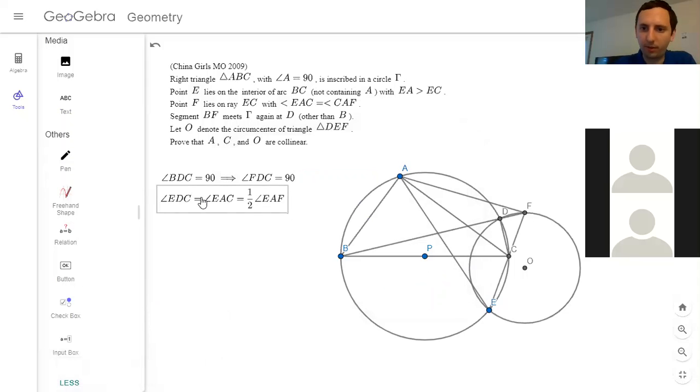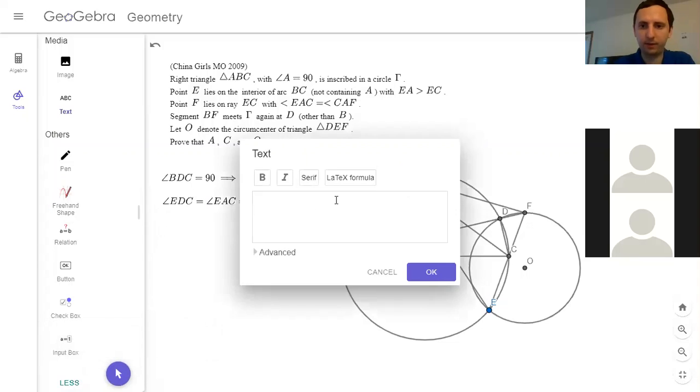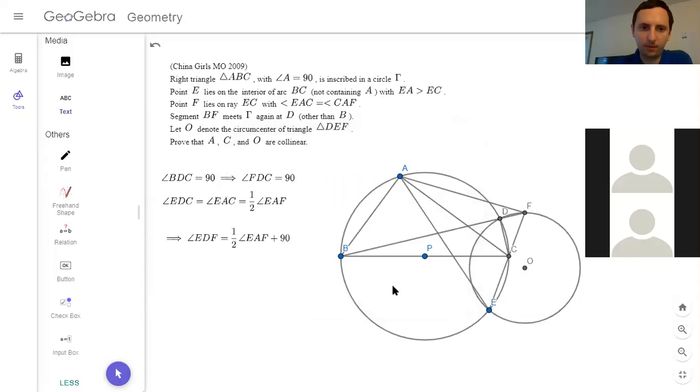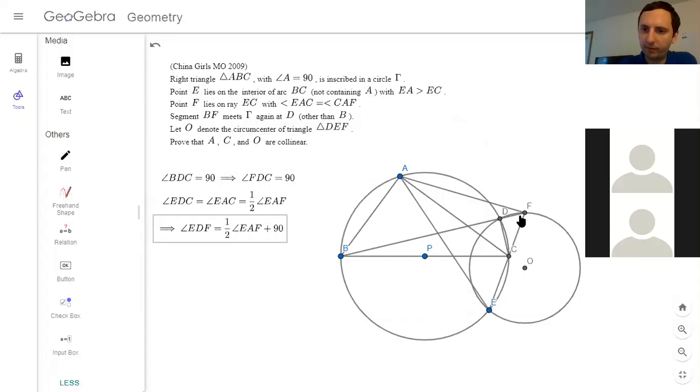And so angle EDF is half of angle EAF plus 90. And that means angle EOF is twice.